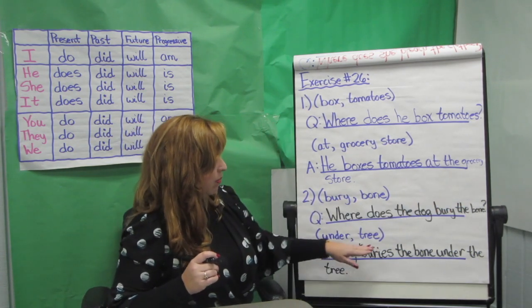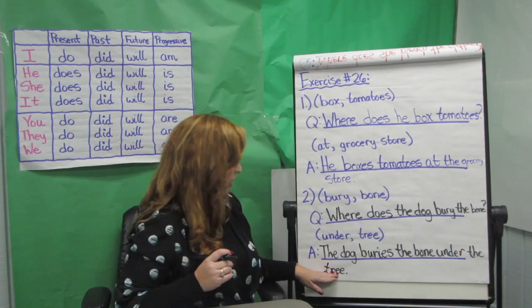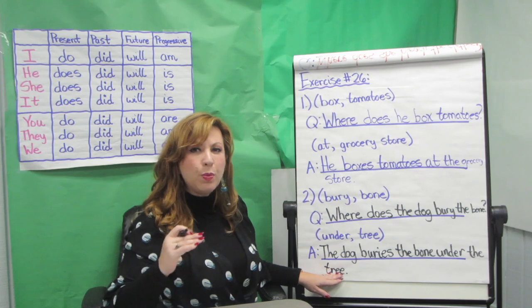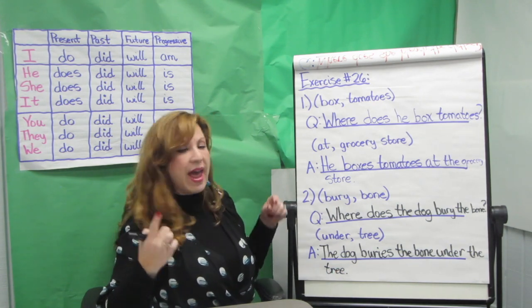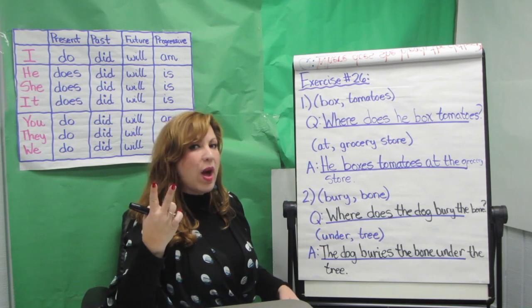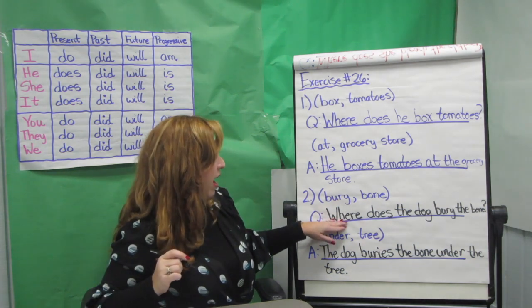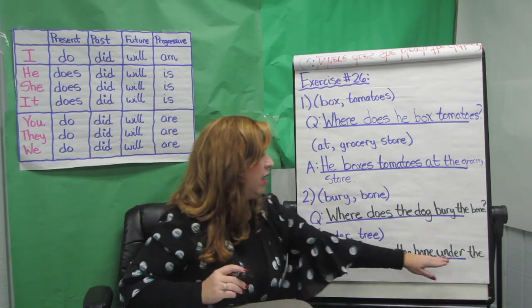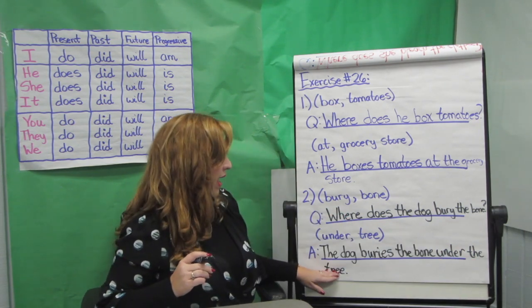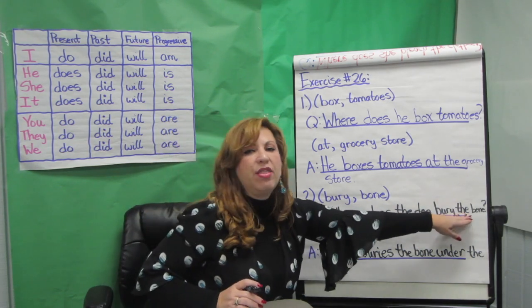The dog buries the bone under the tree. So again, we're still practicing answering the three things: the action, the what, and the where. Here, where is the location, under the tree. And what does he bury? The bone.